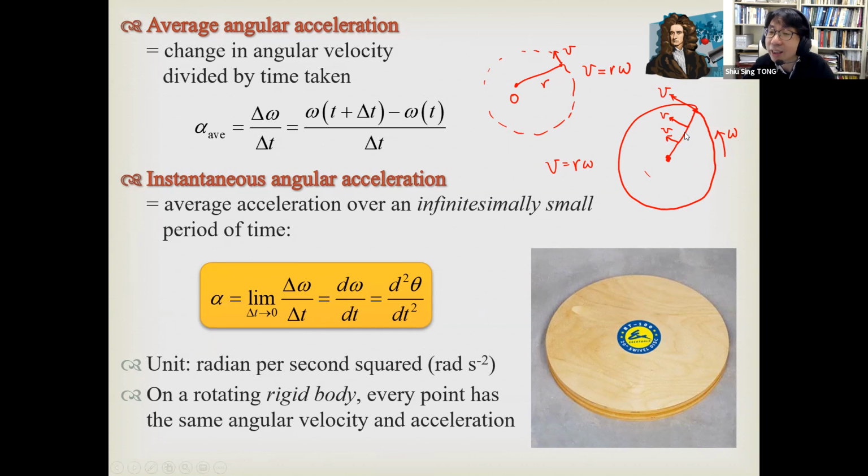So it is not convenient to use v, because v is different for different particles on the disk. For a rigid body as a whole, we want a parameter that characterizes how fast the disk is rotating, and that must be expressed in terms of the angular velocity omega instead of the linear velocity v. That's why for a rotating object, we prefer to use omega instead of v, because omega is the same for all the points inside the rigid body. Okay, so that's the idea.